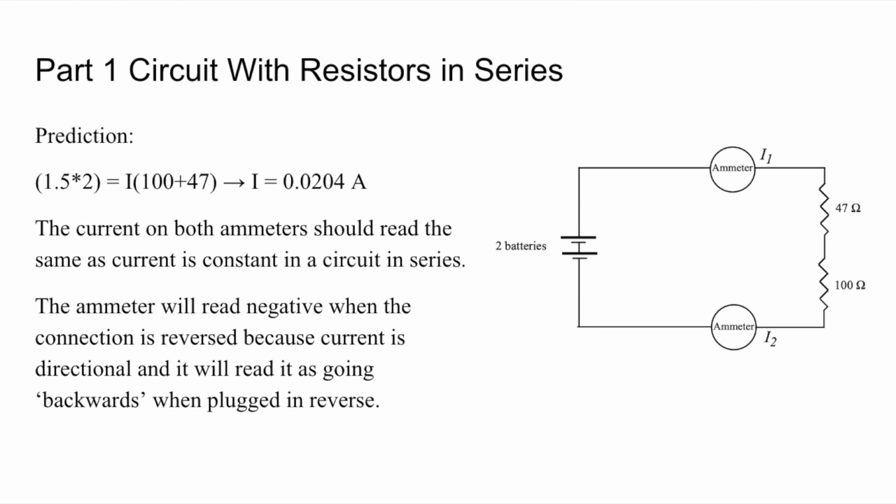We use Ohm's law to find that the current equals 0.0204 amps. As said before, the current on both ammeters should read the same. The ammeters will read negative when the connection is reversed because the current is directional, and it will read it as going backwards when the ammeter is plugged in reverse.